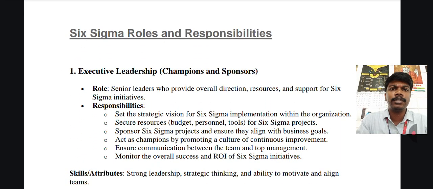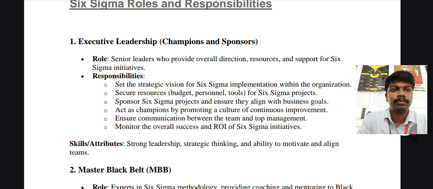And here are some roles and responsibilities in Six Sigma. First one is executive leadership, champions, and sponsors. Their role is as senior leaders who provide overall direction, resources, and support for Six Sigma initiatives. Responsibilities for executive leadership: set the vision for Six Sigma implementation.